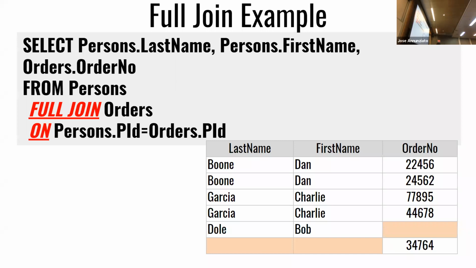A full product would return Boone with 77895, Garcia with 22456, and Garcia with 24562, and this with Boone, this with Garcia, this with Dole. We don't want that. That's a cross product.